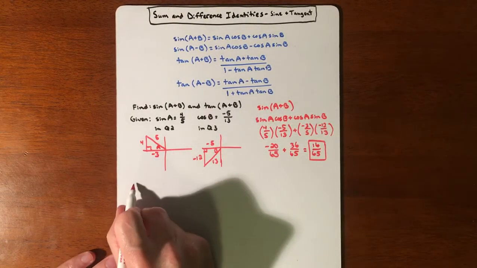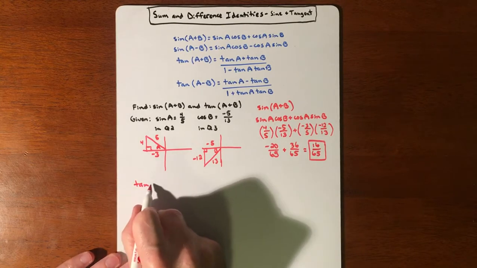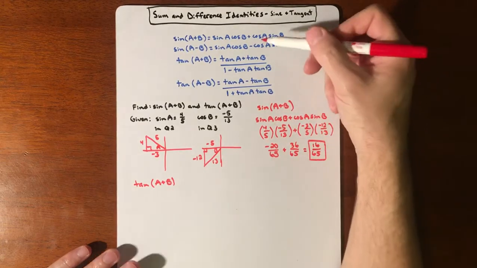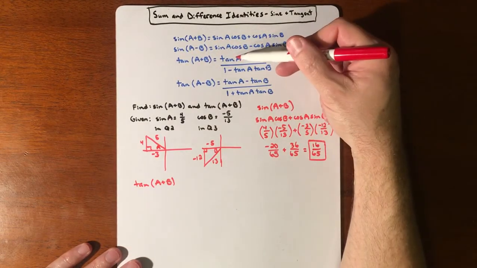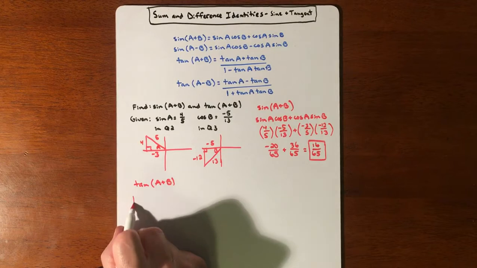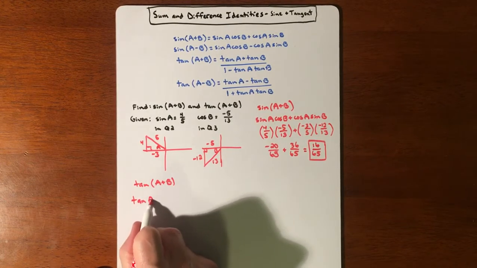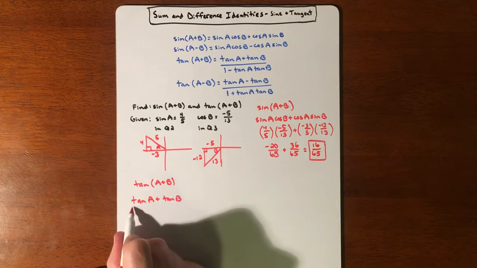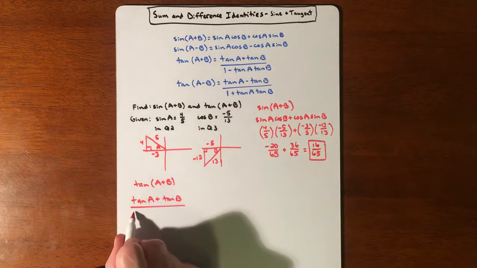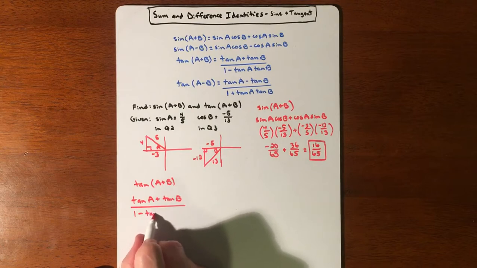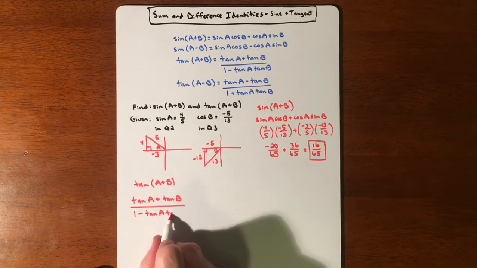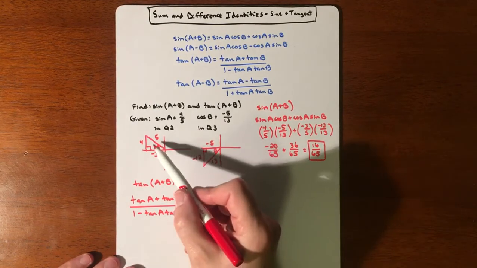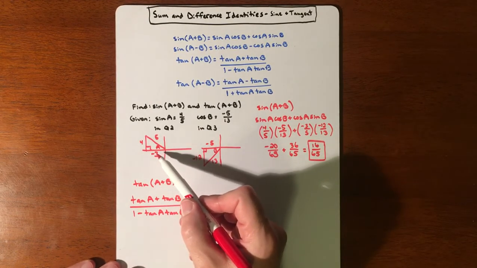So on to the next, we have tangent of A plus B. So we're looking at this formula. Tangent of A plus tangent of B divided by 1 minus tangent of A, tangent of B. Okay, so tangent of A is 4 over negative 3.